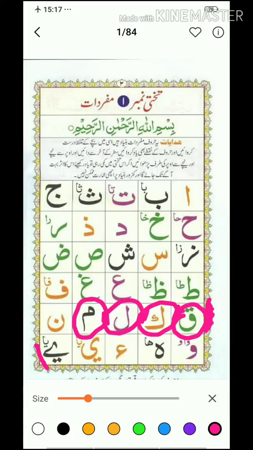The next letter is Noon. Like in English we have L, M, N together.